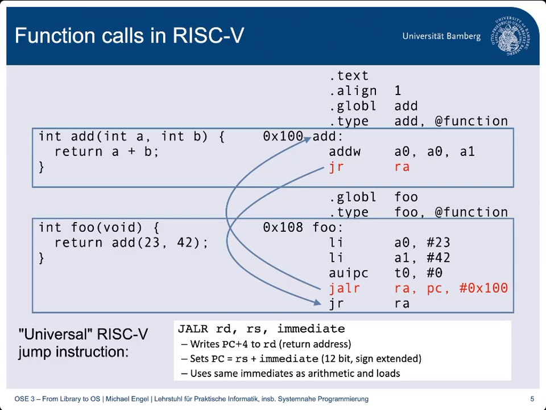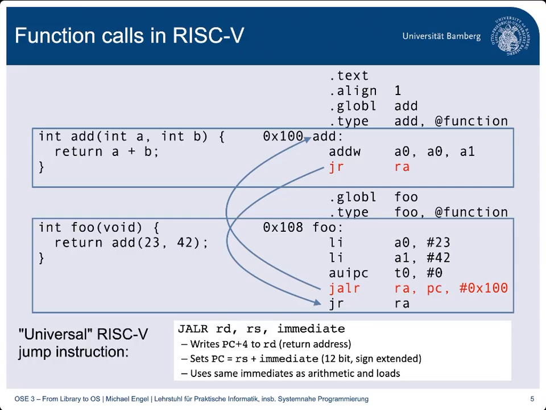JR is jump to register, and you see here the link register is missing, so we just jump to the address which was stored in a register, and this register is now exactly this RA we were using. So we stored our return address, so the address of the very last instruction shown on our slide here, the JR instruction in foo.